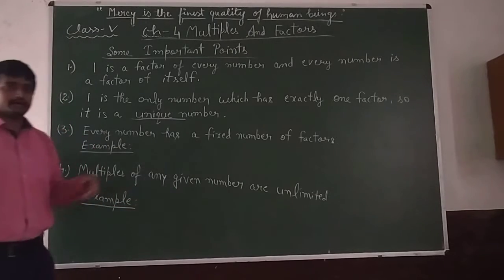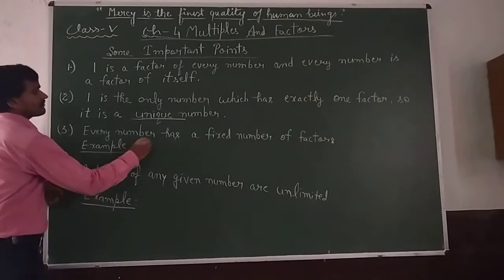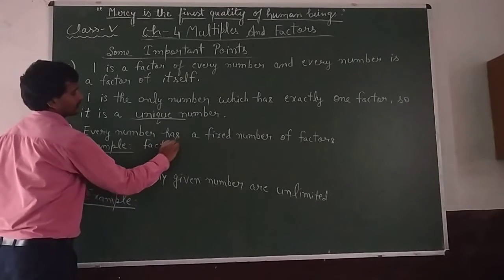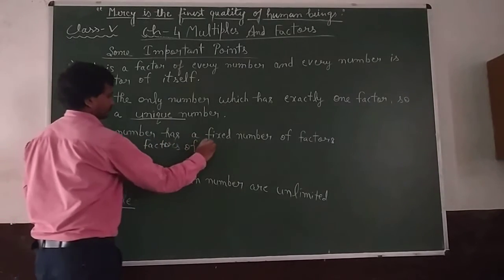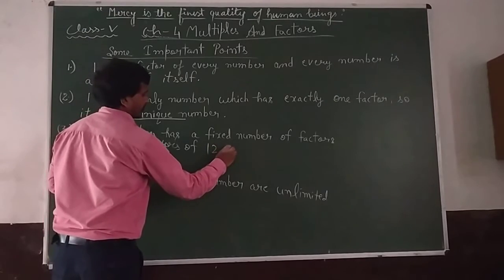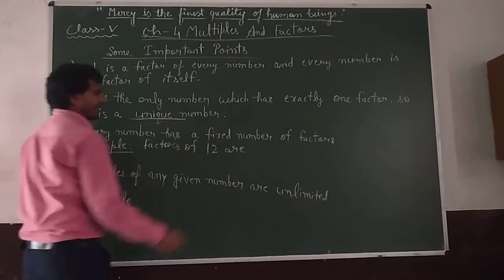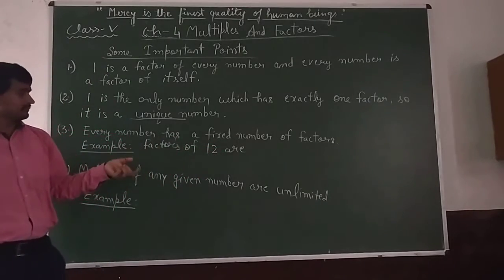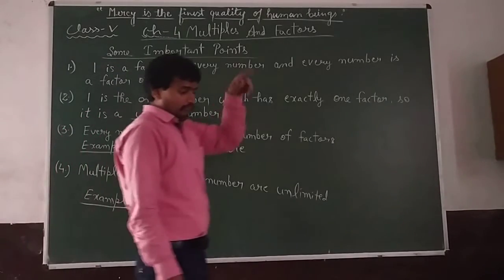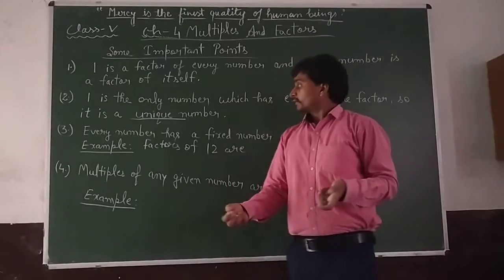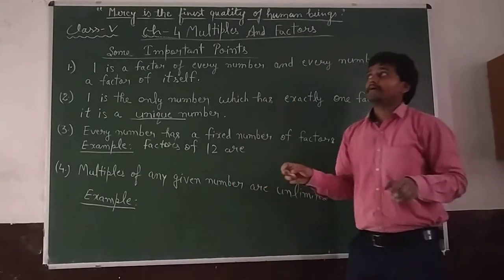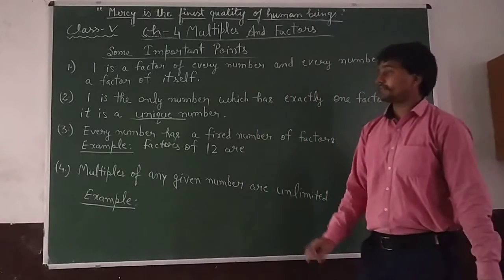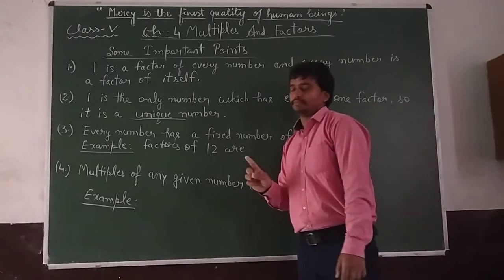Let us take an example. For example, factors of 12. If we want to find the factors of 12, then we have to think: 12 is divisible by which numbers? Completely divisible, that means the remainder should be 0.